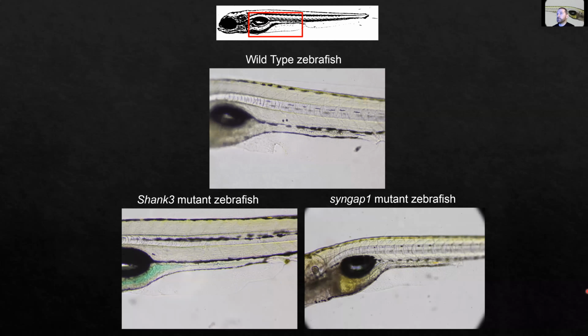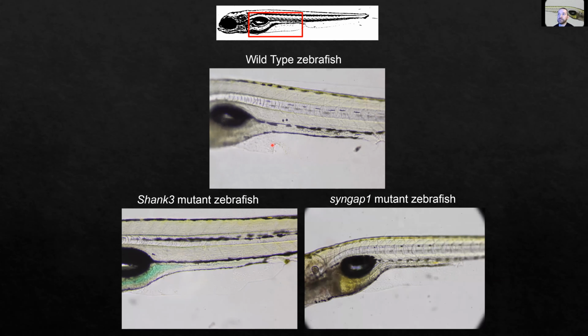So one of the earlier things that we saw was a change in the rate and the strength of these peristaltic contractions. Peristalsis, again, is rhythmic muscular contractions that move digestive food matter through the GI tract. So we were able to write a program that was able to record and measure these contractions.